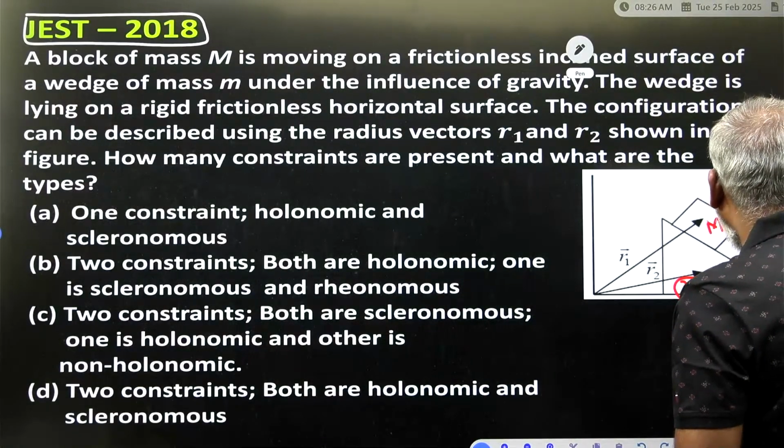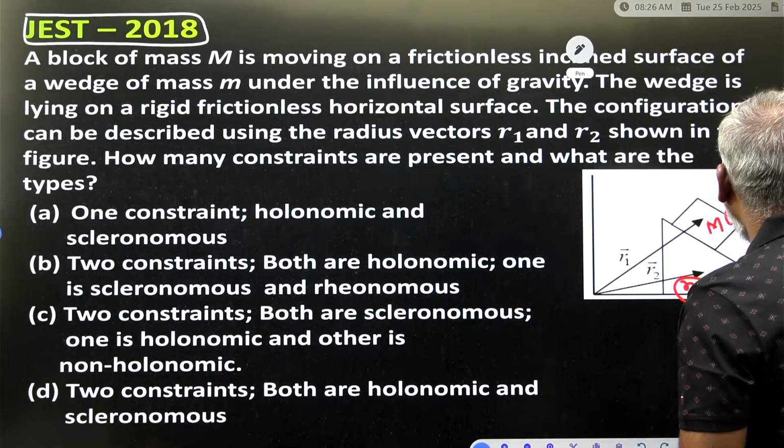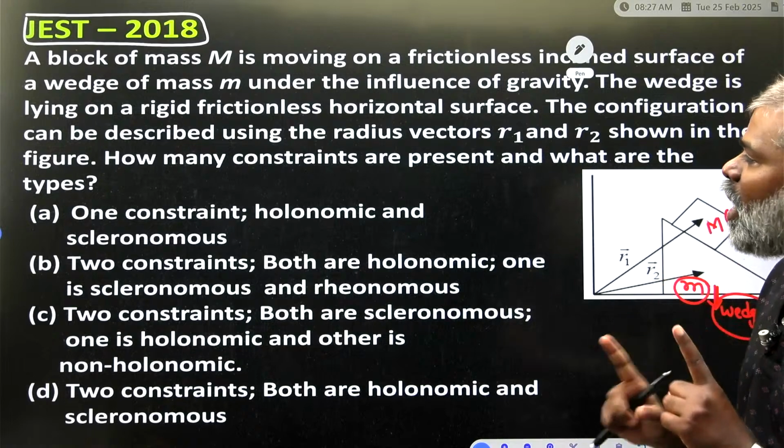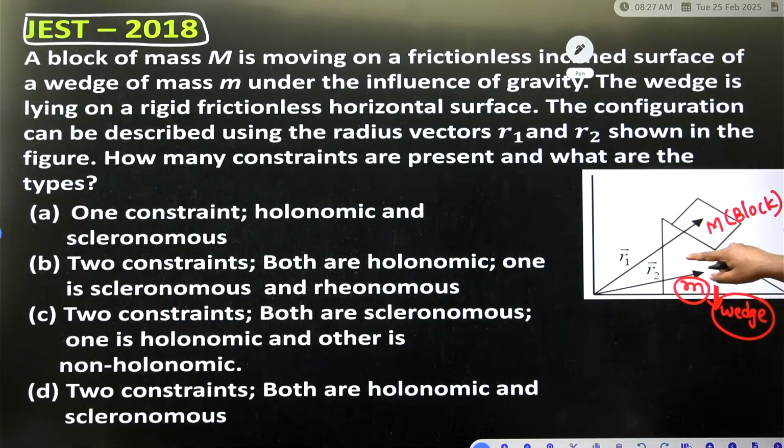This is the block. You have to consider it as one block of mass capital M. A block of mass capital M is moving on a frictionless inclined surface of a wedge of mass small m under the influence of gravity.